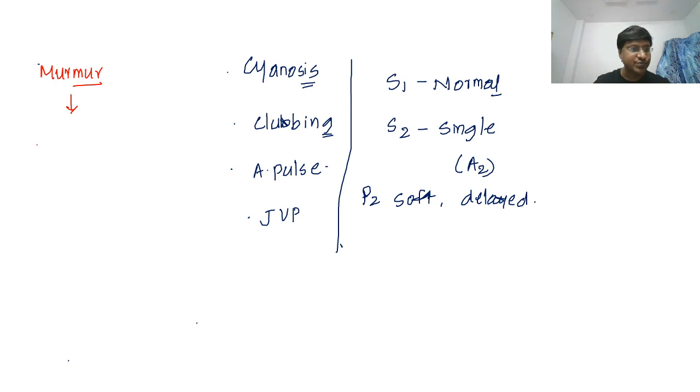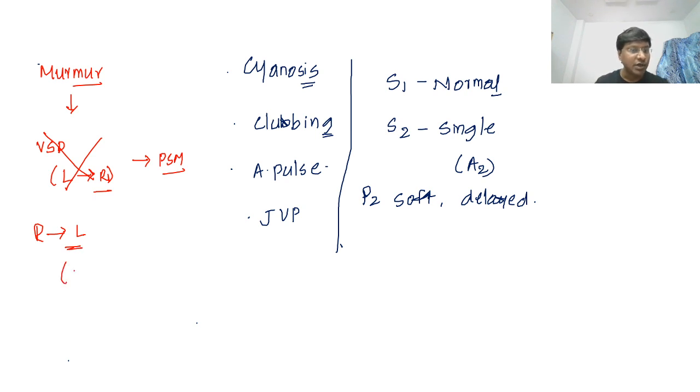If there is a ventricular septal defect and the flow is from left to right, then you will have what is called a pansystolic murmur. But most of the time, patients with tetralogy of Fallot will not have a left to right shunt. They will have a right to left shunt.